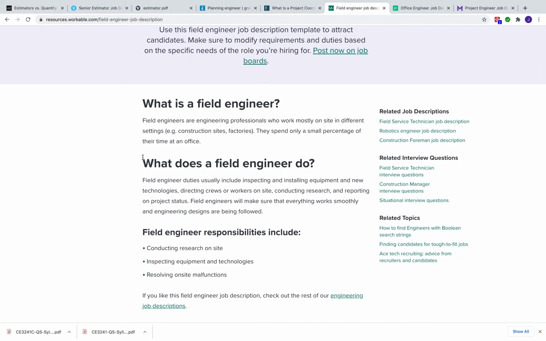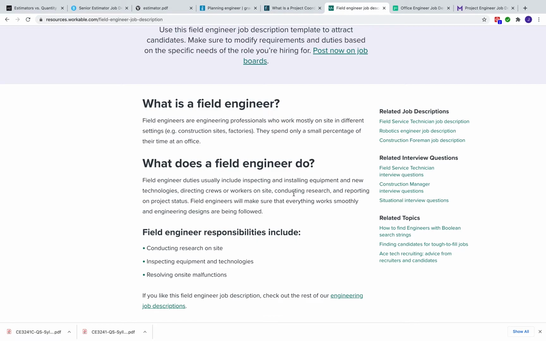So sila yung mga nagbabantay sa mga workers, sila yung mga nag-check na yung mga nasa plano is na-layout sa site ng tama. Okay? So kasama dyan ang inspection, installation ng new equipment, new technologies, dinadirect yung crew or yung worker, then nagkakonduct ng research and reporting on the project status.